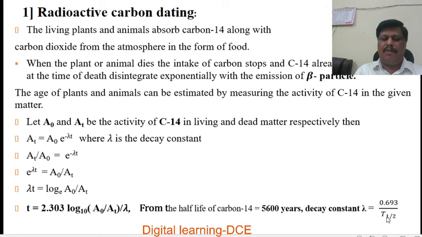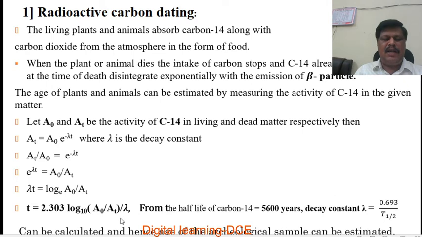So from this formula we can calculate the value of decay constant, and by measuring the activity of carbon 14 in living and dead sample as A0 and AT, we can calculate the age of the archaeological sample or dead animal or plant.